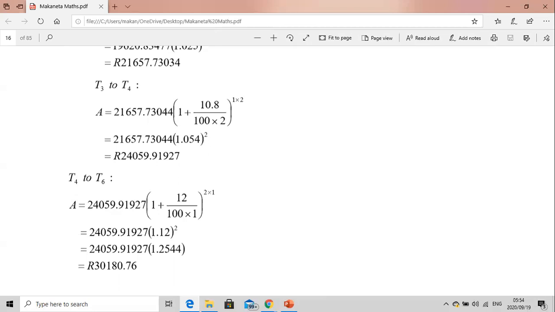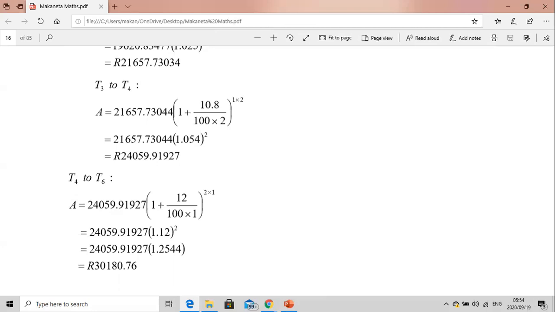You can see at this point that for the first time, we have now decided to round off. Why did we round off at this point? Because this is the final answer. So in the final answer, the rounding off kicks in. So always remember that rounding off is very important. We need to round off in the final answer.